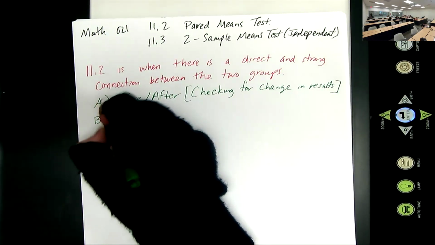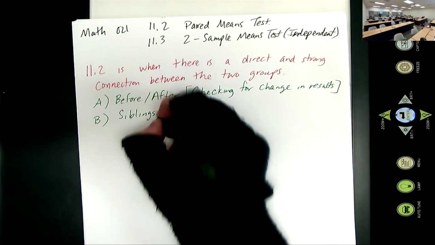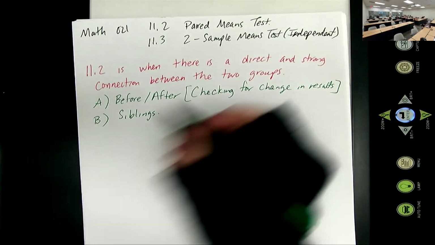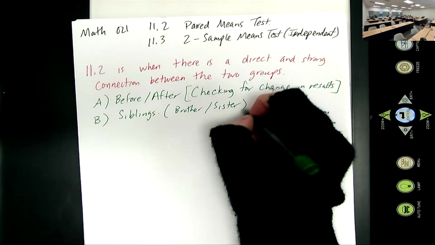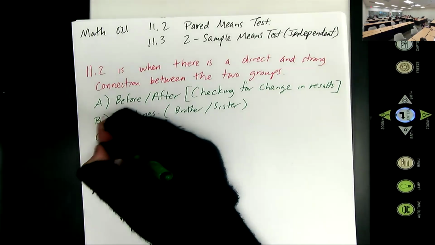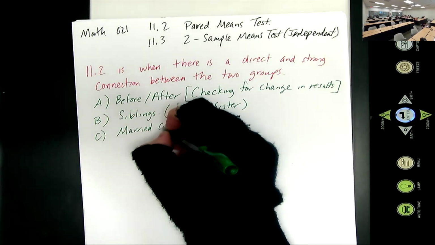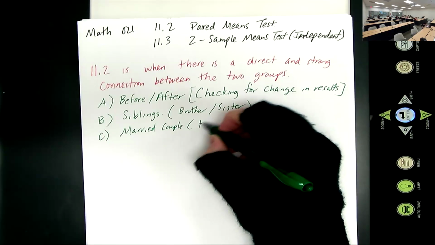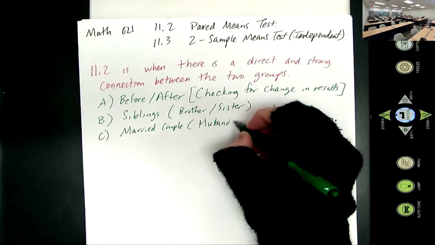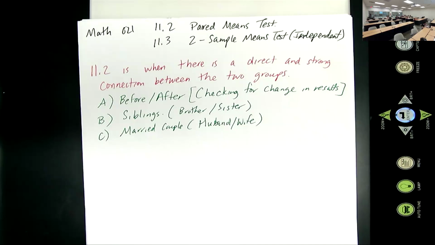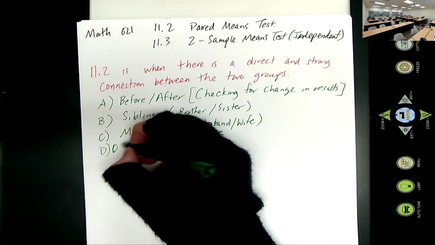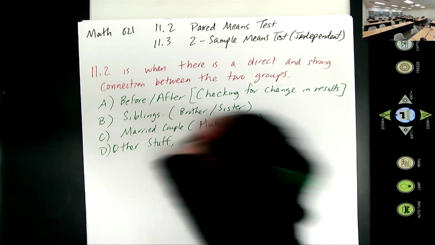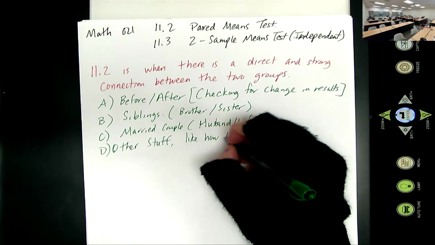That's an example. We could do siblings. Oftentimes, if we do siblings, it's usually a brother and a sister, and they're comparing genders, gender outcomes. Could be a married couple, oftentimes husband and wife. That way, again, they can do a gender comparison. But it could be other things, like, how do different hotel chains compare?